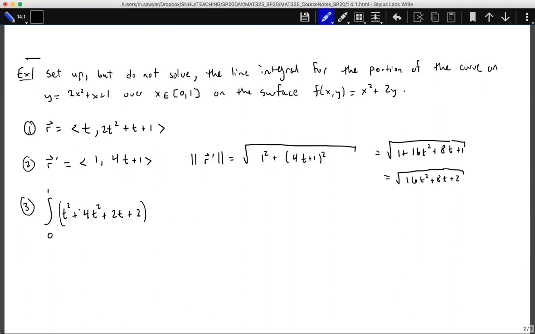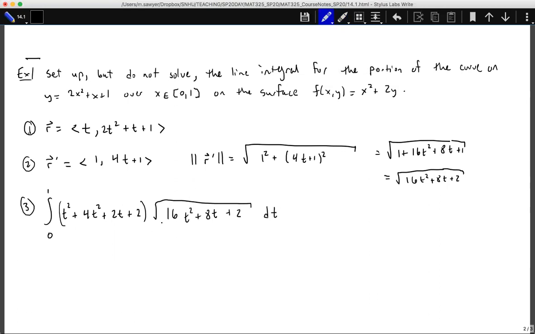And so that is our f function. And then multiplying it by the square root of 16t squared plus 8t plus 2. And then our dt on the end.